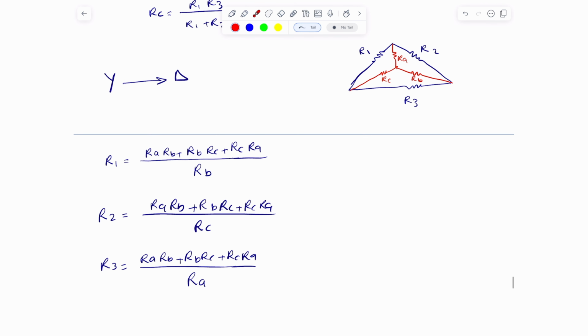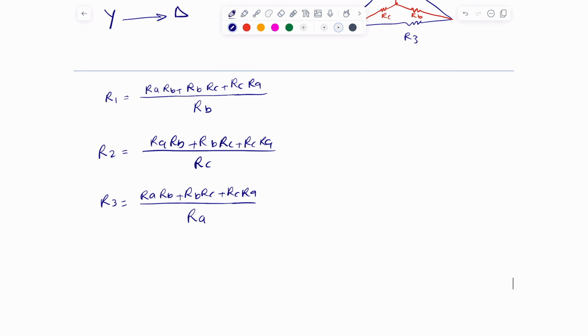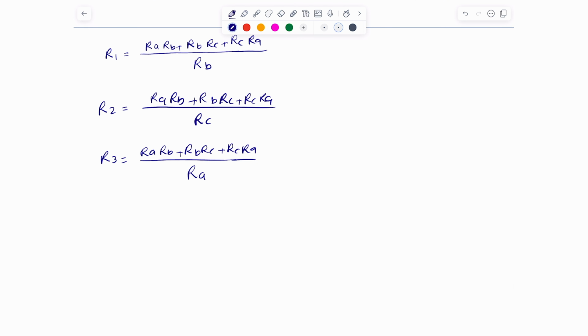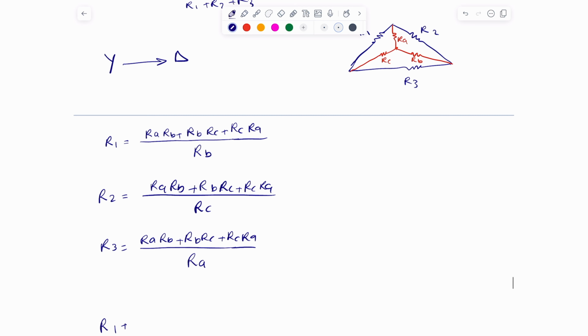Now, a few things to know: if these resistors are equivalent, this is something nice to know. Let's assume that we're moving from the Y to delta, the one that we just did, and we were told that RA equals RB equals RC.